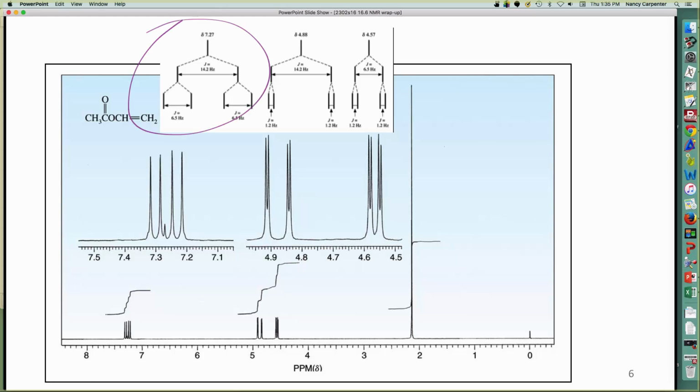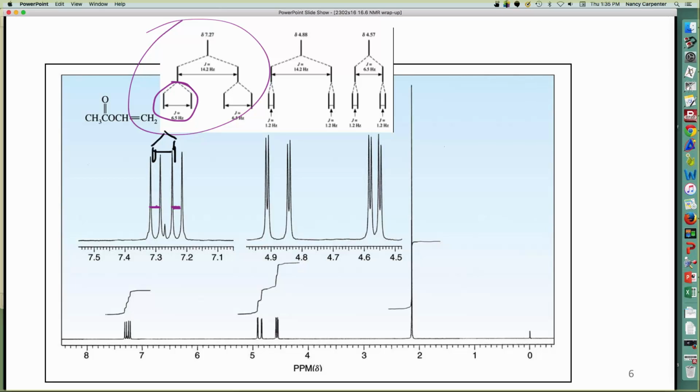So here's the furthest downfield hydrogen that has both the large trans coupling and the pretty large cis coupling, and here it is. Here's the coupling constant from that cis coupling, and then if you go right into the middle here, that gives you the trans coupling.